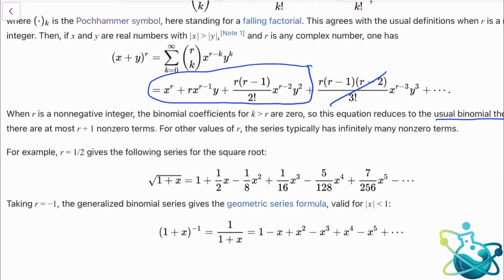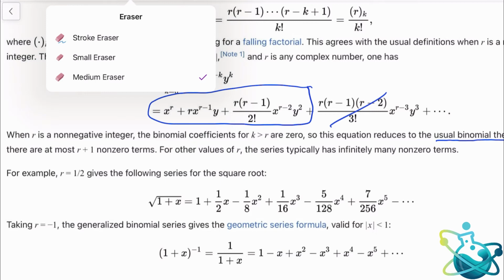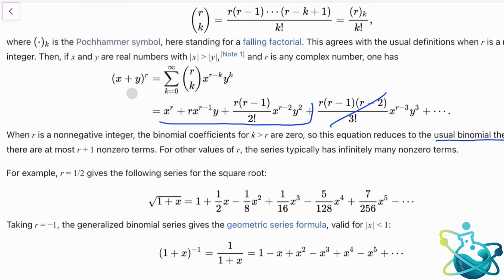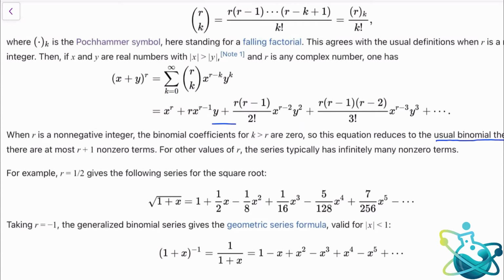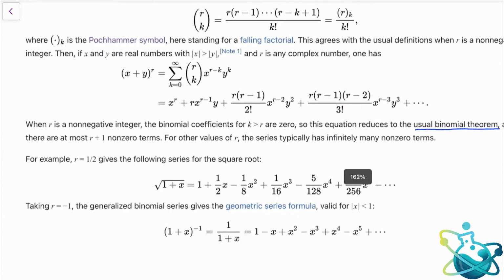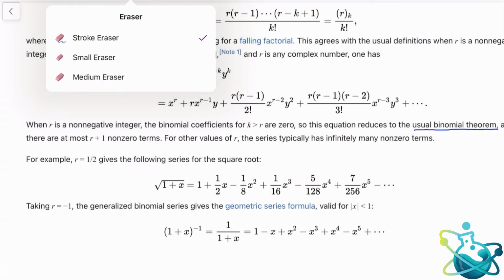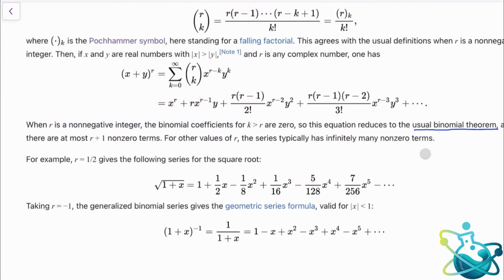So in the other cases, where you have x plus y to the power minus 2, or x plus y to the power a half, you have an infinite amount of non-zero terms.